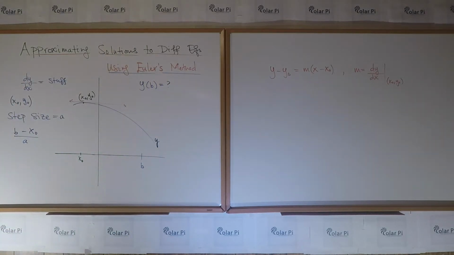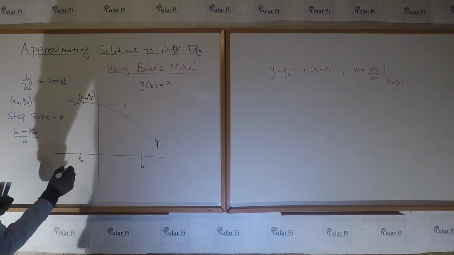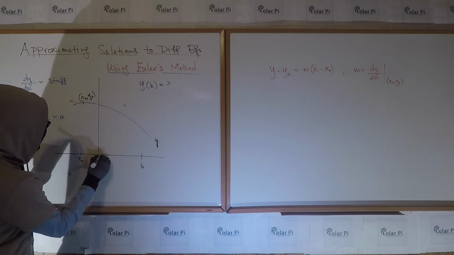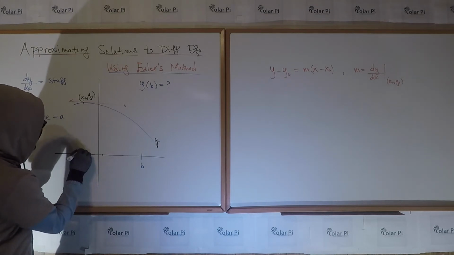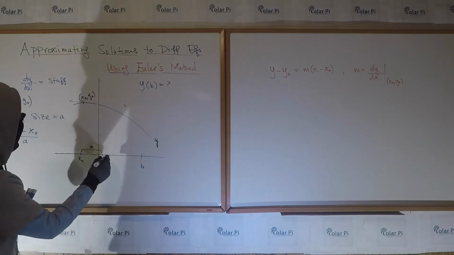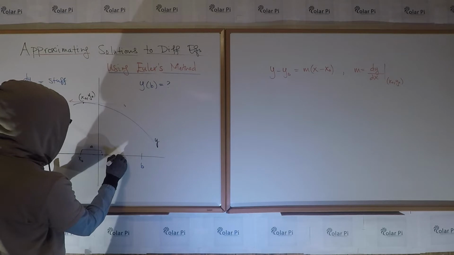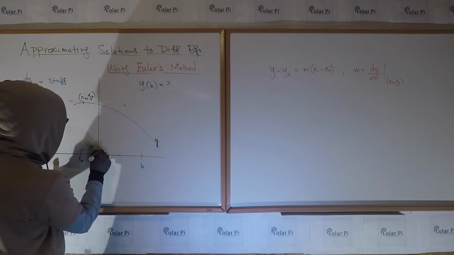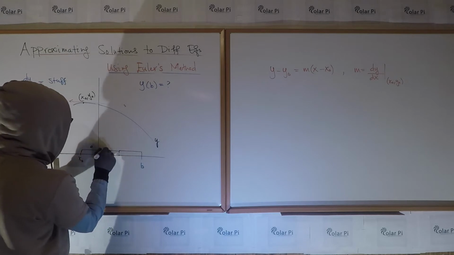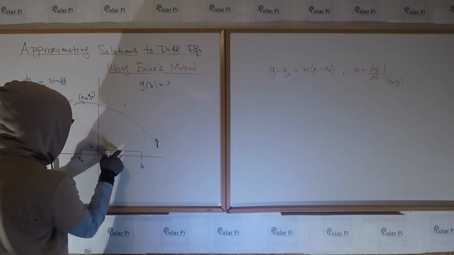Let's say our step size a is of this length, like here. So it looks like, if the figure is drawn accurately, that I'll need 3 a's to get to b. This little guy is also a.